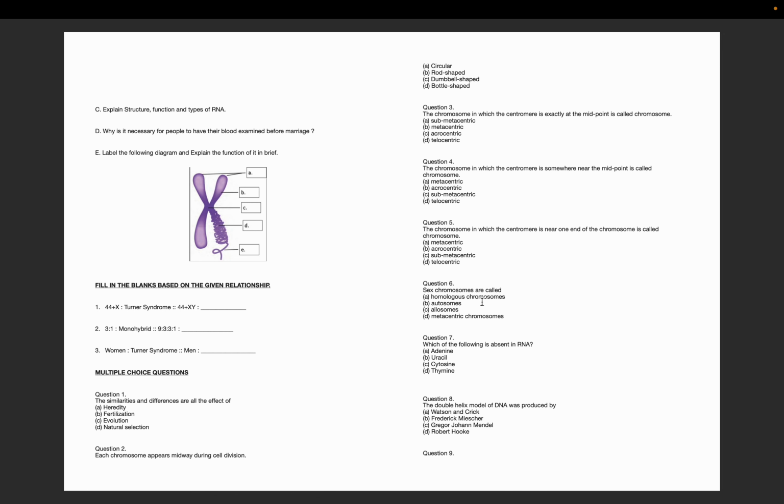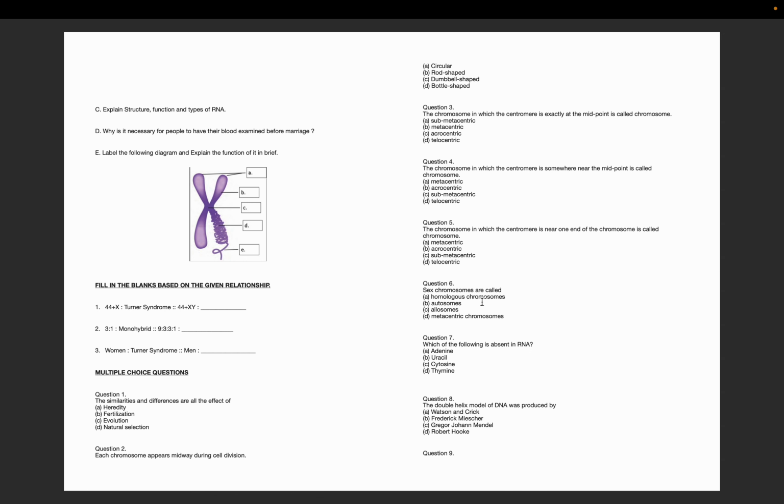Question number six. Sex chromosomes are also called as, autosomes. They are also called as autosomes.